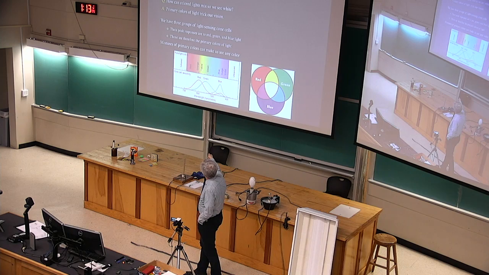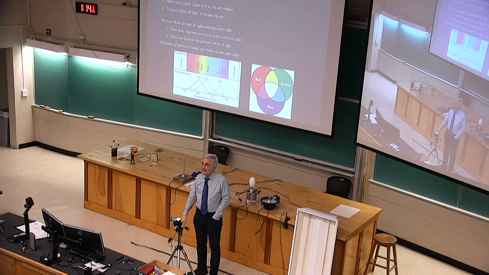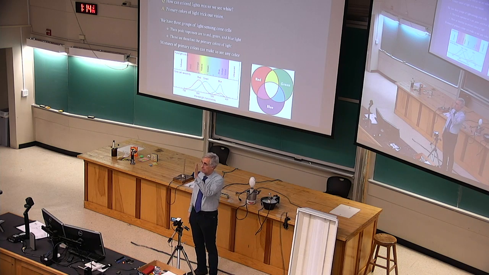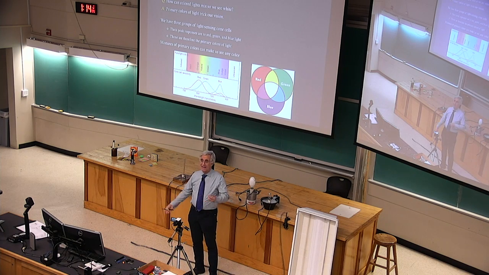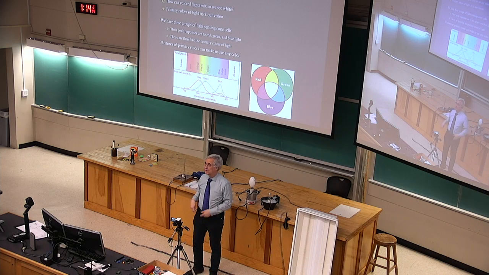If somebody shines true yellow light at you, which is maybe about 580 nanometer wavelength, I'm using wavelength and frequency somewhat interchangeably. I hope you can follow that. Again, you multiply them together and you get the speed at which the light travels.